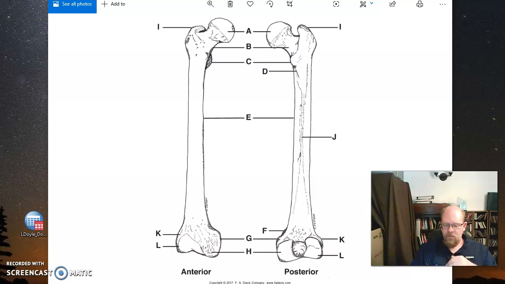Now, if we look at the motions, again, being a triplanar joint, we're going to have the sagittal plane, flexion and extension. And most people have a grand total of about 120 degrees of motion from extension all the way to full flexion. The next motion is the frontal plane, abduction and adduction, and most people have somewhere in the neighborhood of about 60 degrees.